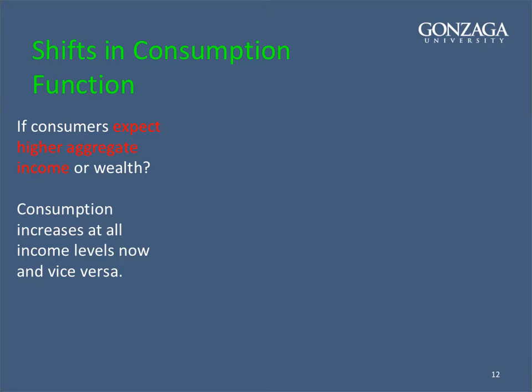And so I'm going to draw it out here. We have YD, we have consumption, and then here's my consumption function, just call it CF0. So here I'm looking at if consumers expect higher aggregate income, so an increase in future income, or an increase in wealth, maybe through a housing boom or a stock market boom.